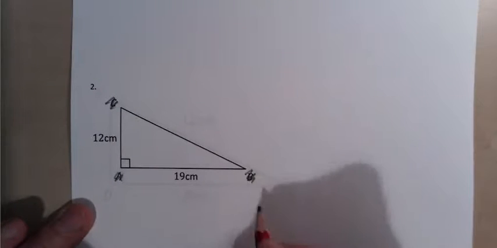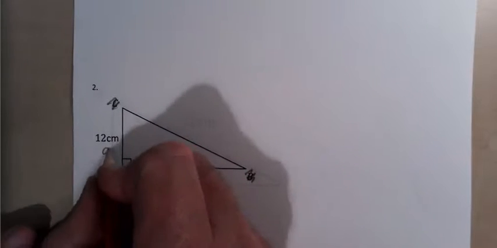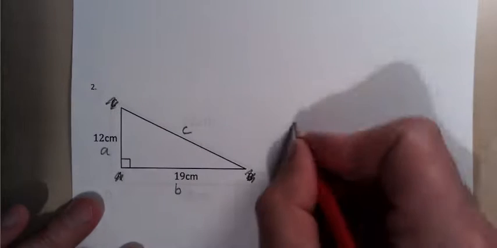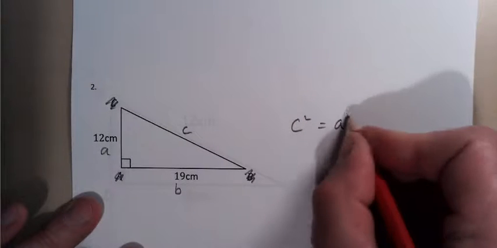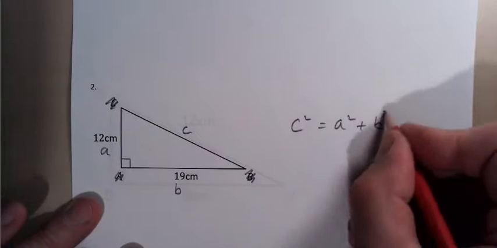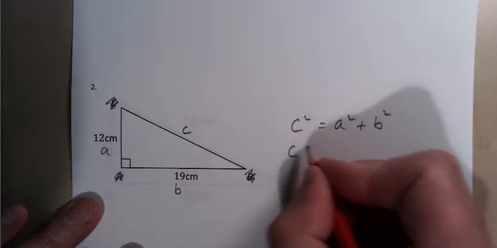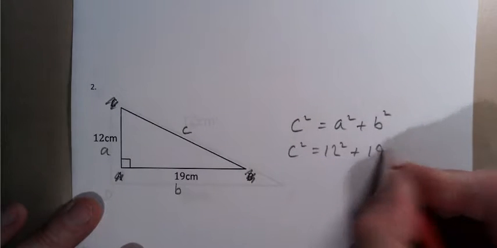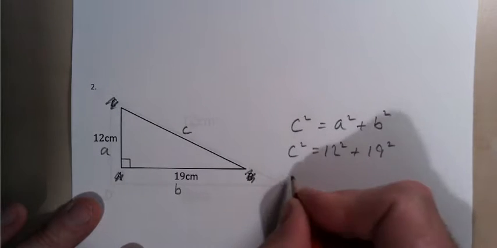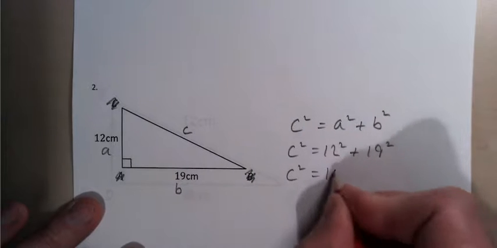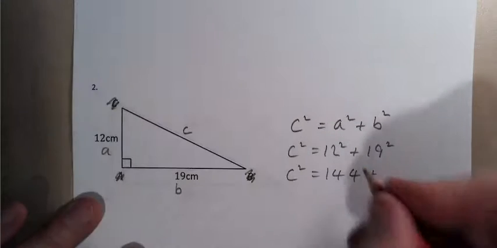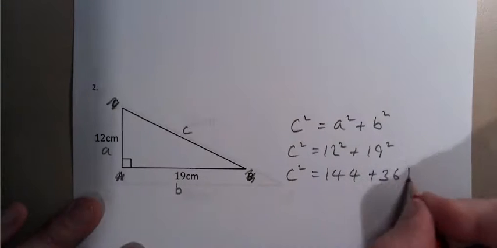Next one then, numbers are a wee bit bigger, but it's very similar. Again, these are unhelpful. We label our sides A, B and C. The 2 shorter ones are A and B, doesn't matter which is which, and C then is our longest side. C squared equals A squared plus B squared. C squared equals 12 squared plus 19 squared. C squared is 144, and then 19 squared gives 361.